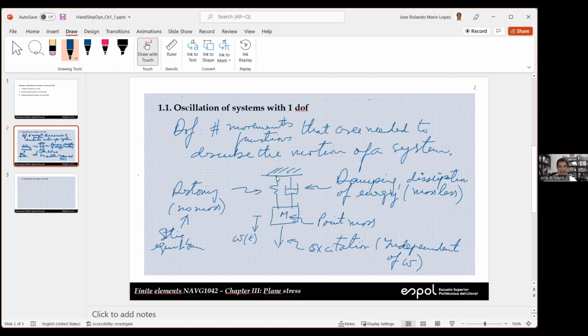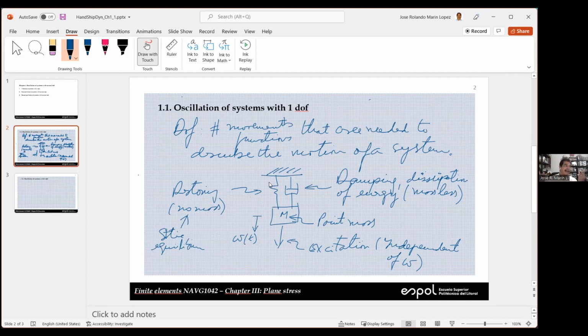So if this is connected to the foundation and this is connected to the mass, okay? The force exerted by the foundation on this point and the force exerted by the mass on this point on the spring, they both have to cancel each other, because the summation of forces has to be 0.